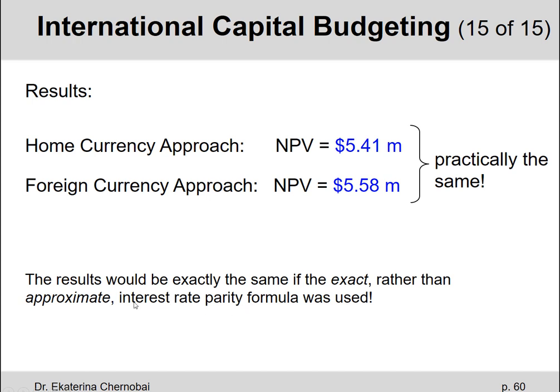We use it to find the expected exchange rates for years 1, 2, 3, and 4 in the future. So if we use the exact versions of those interest rate parity formulas, we would get also $5.58 million, just like with the foreign currency approach.